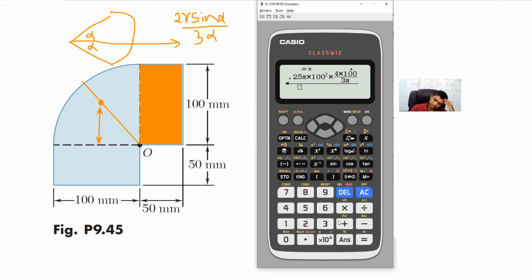That is the y bar for the quarter circle.